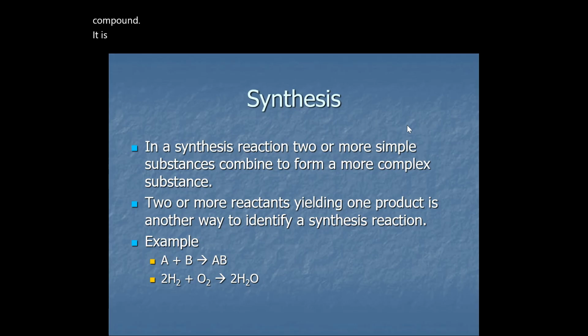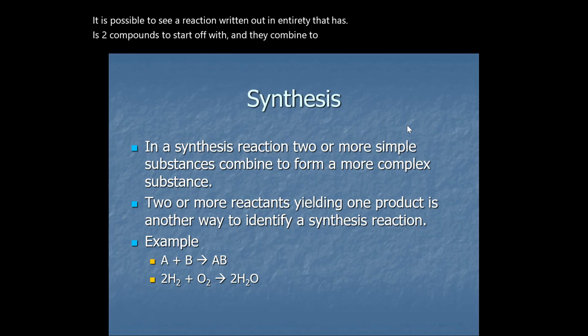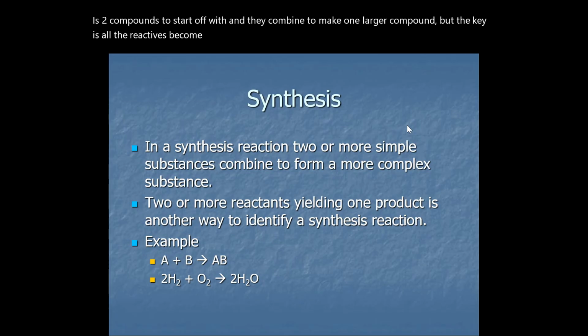It is possible to see a reaction that has 2 compounds to start off with, and they combine to make one larger compound, but the key is all the reactants become one larger, more complex compound than you started with. Always going to have 2 or more reactants, and always going to have one product.